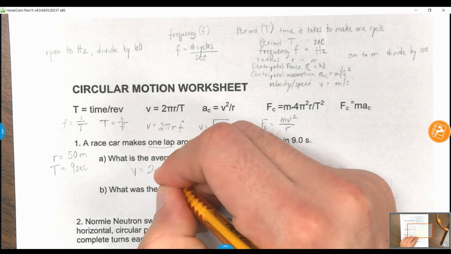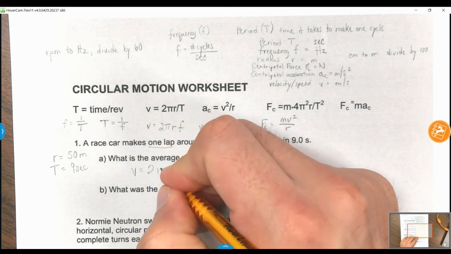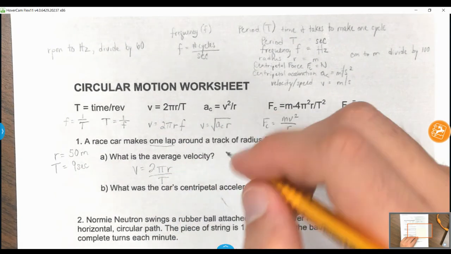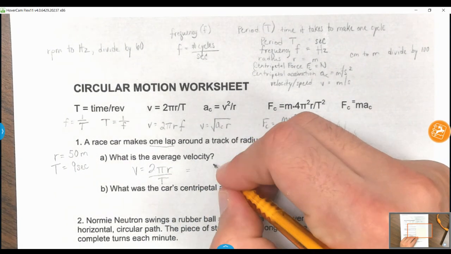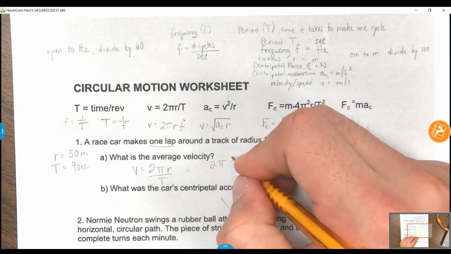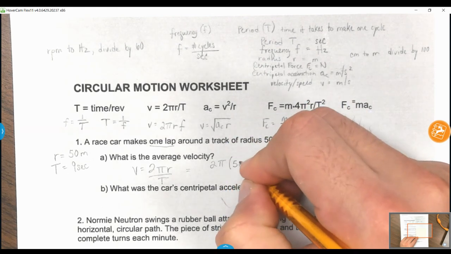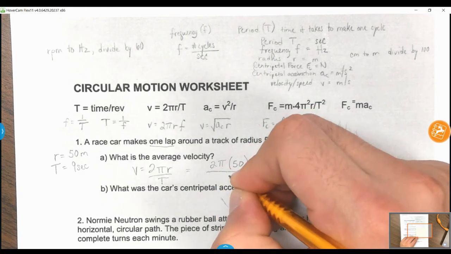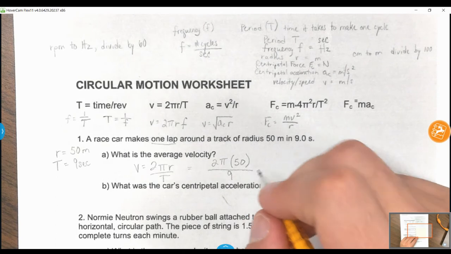So you have v equal to 2 pi R over T. So you're going to put everybody in: 2 pi times R, which is 50, divided by the period of 9 seconds.